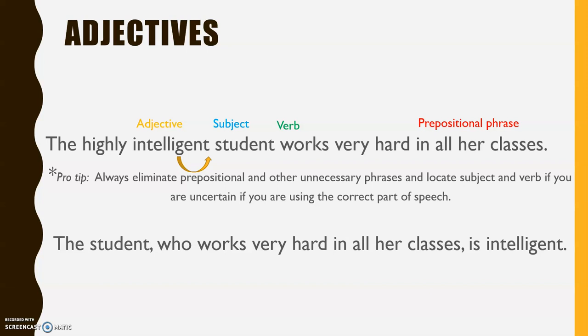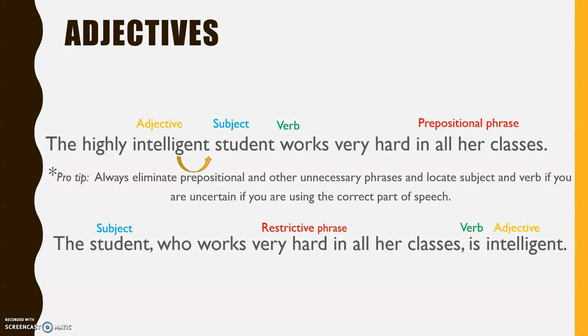Let's look at this bottom sentence that uses the same idea but words it a little differently. The student who works very hard in all her classes is intelligent. If we're looking for the subject and verb, first get rid of that restrictive phrase in the commas. Now we're left with the verb is. Who or what is? The student, again, our noun and our subject.